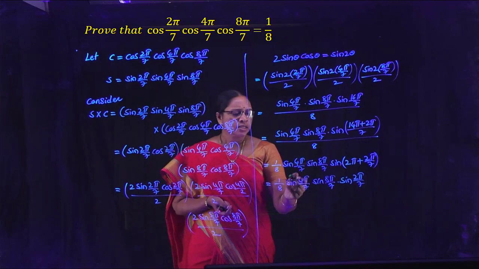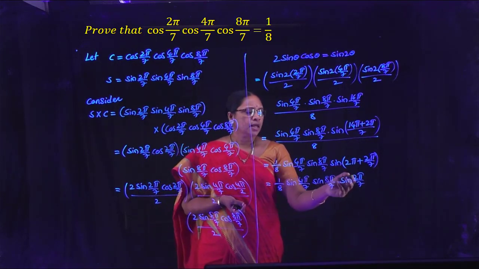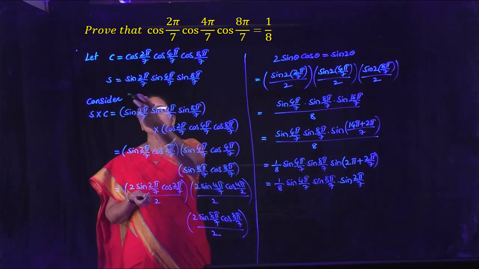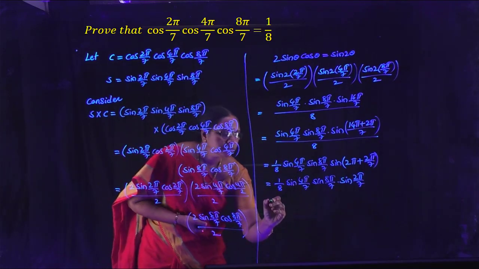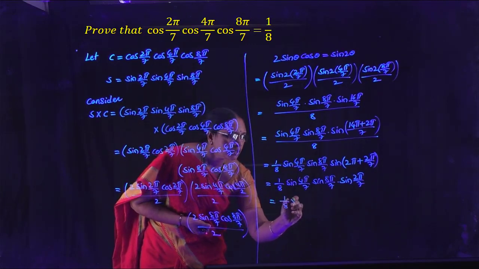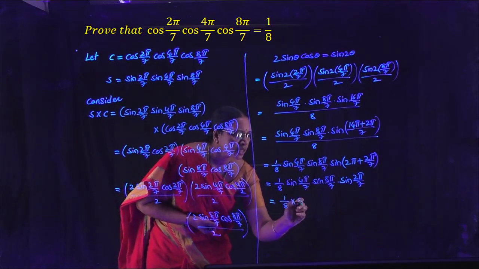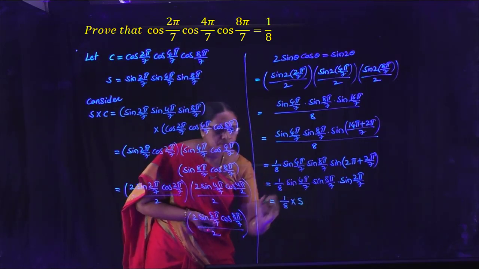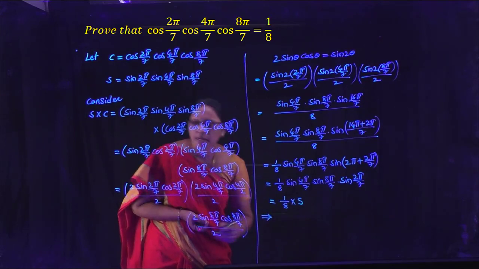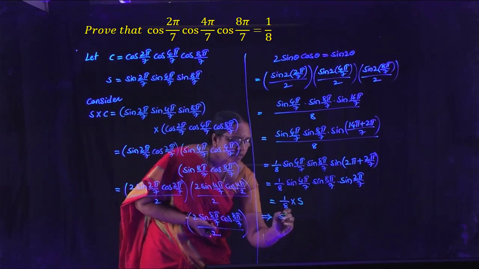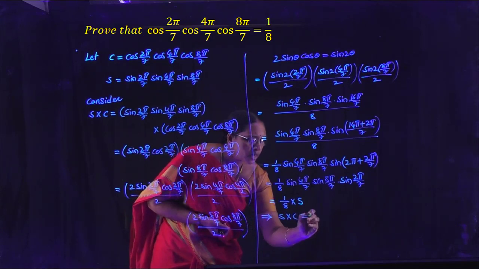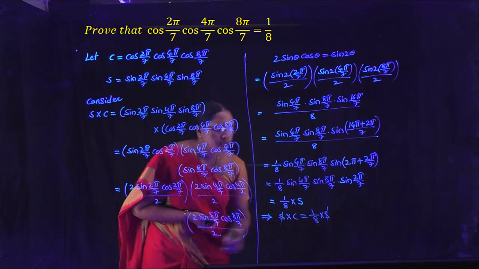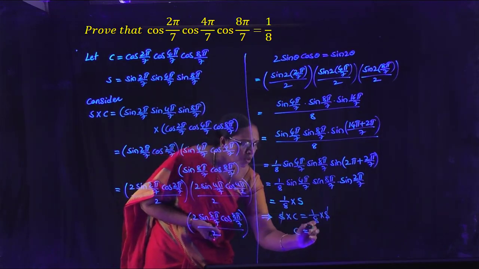We know that sin 2 pi by 7, sin 4 pi by 7, sin 8 pi by 7, we treat it as S. So the right side is 1 by 8 into S. Left hand side is S into C. S into C is equal to 1 by 8 into S. Here S's cancel, C is equal to 1 by 8.